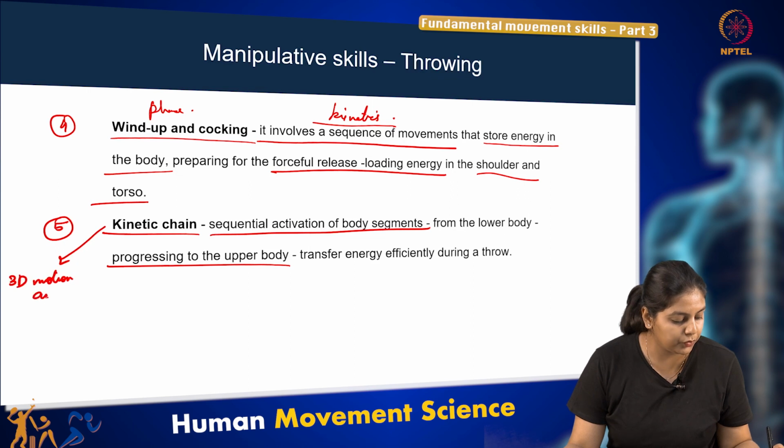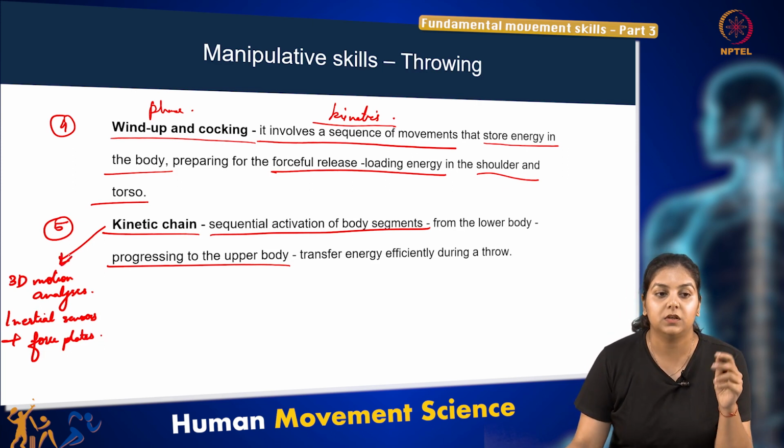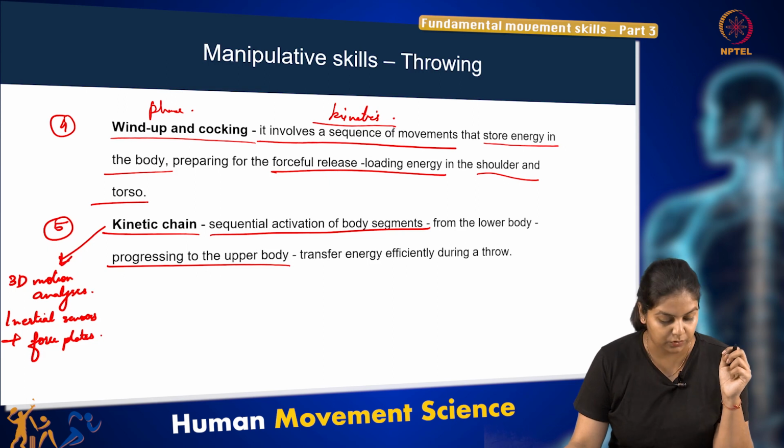You could also use inertial sensors, which are quite popular now. So a combination of inertial sensors and force plates, right? You could study this kinetics using these two tools.